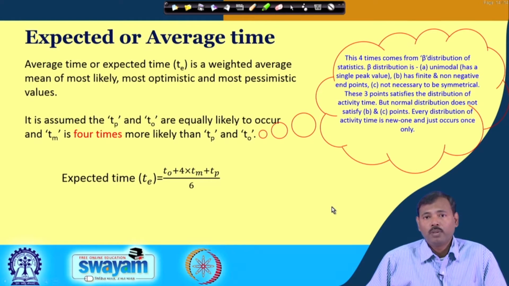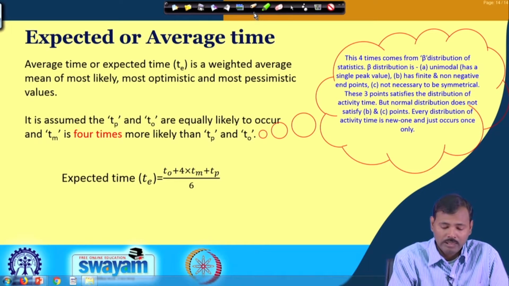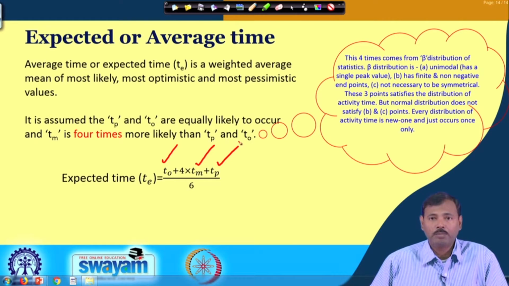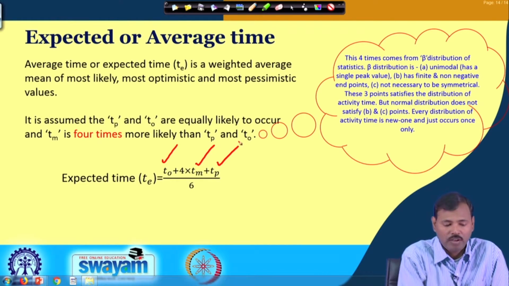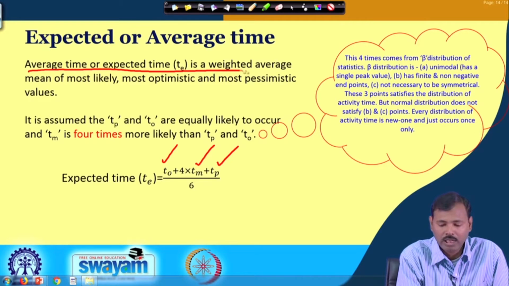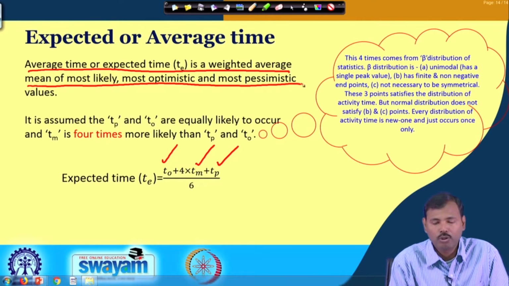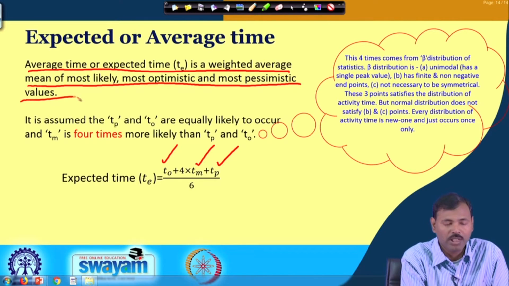So, there is a most likely time, an optimistic time, and a pessimistic time, and the average or expected time is the weighted average mean of the most likely, most optimistic and most pessimistic values.